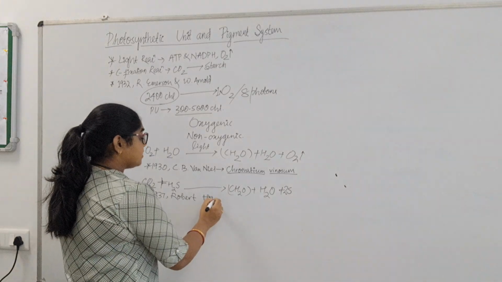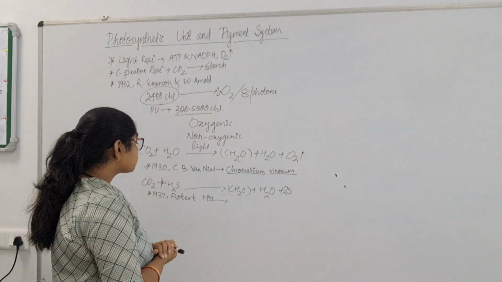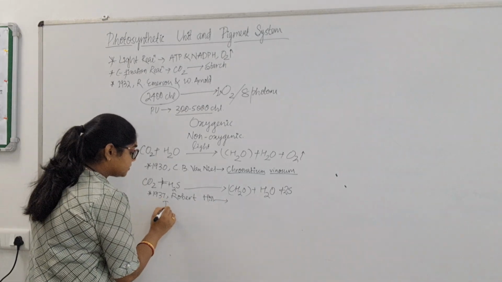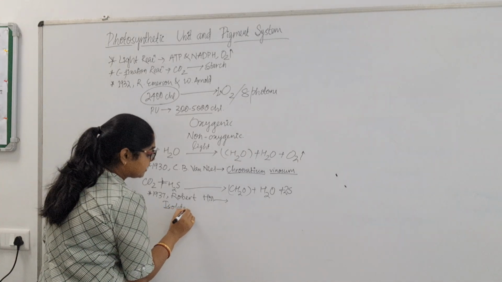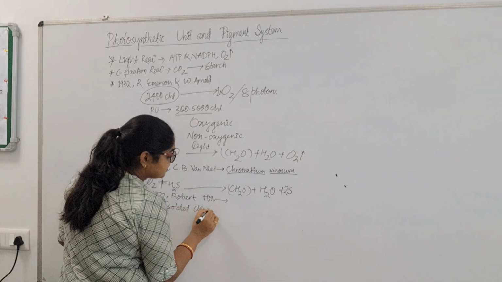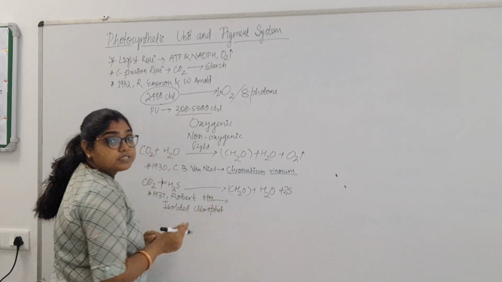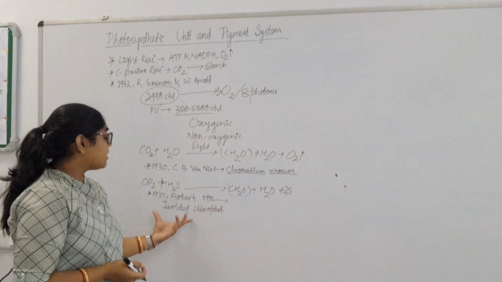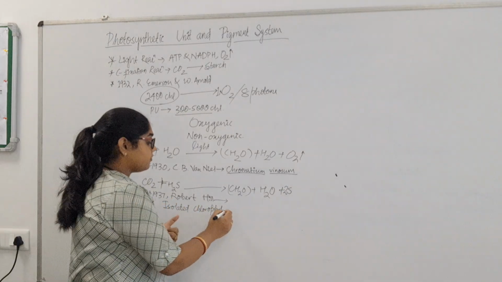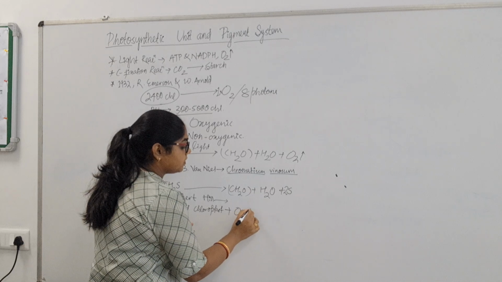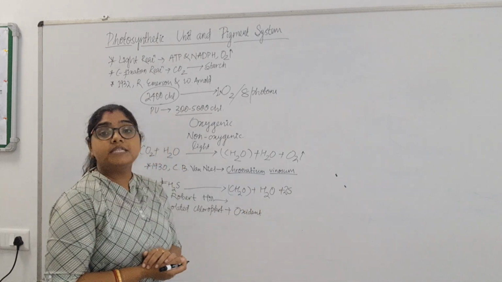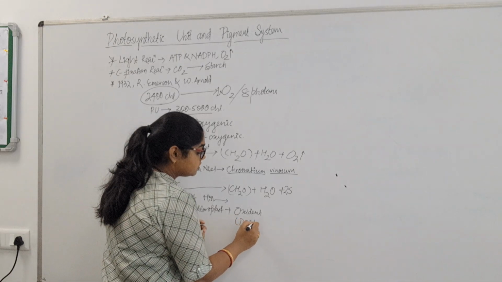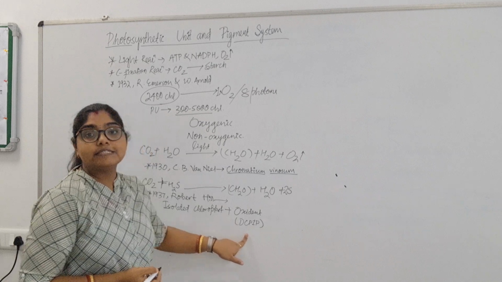He did an experiment with isolated chloroplasts. These chloroplasts lack the enzymes required for carbon dioxide fixation. He took isolated chloroplasts with some oxidants, mainly ferrocyanide, ferric oxide and DCPIP. This DCPIP is also known as Hill's reagent.